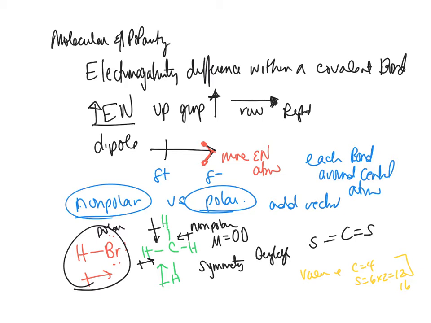So 1, 2, 3, 4, 5, 6, 7, 8, 9, 10, 11, 12, 13, 14, 15, 16. And so that is linear, and that's going to pull towards the sulfur, and they're going to be equal, so that's going to be nonpolar. So what's the question asking for? The polar molecules, so it's HBr only. So that's A.